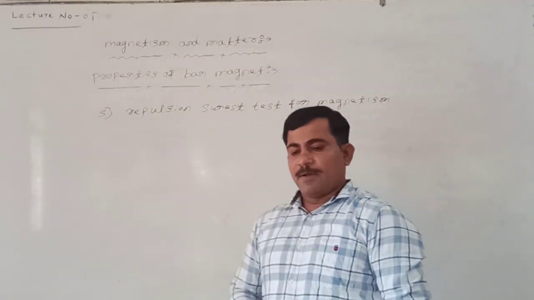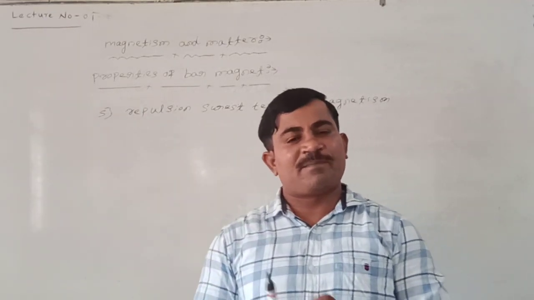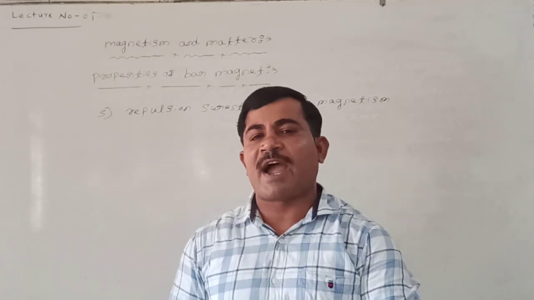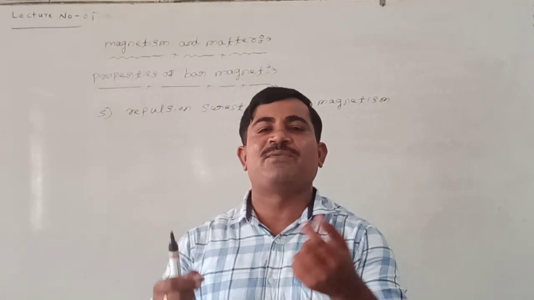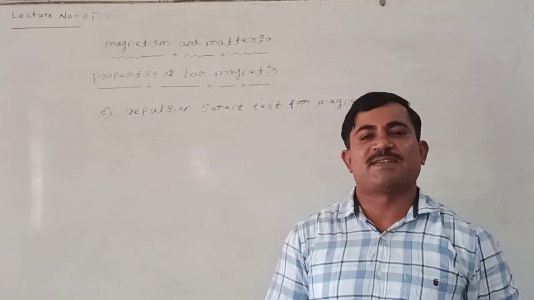I mean, the repulsion method is the best method used to identify which is a magnet and which is a magnetic material.